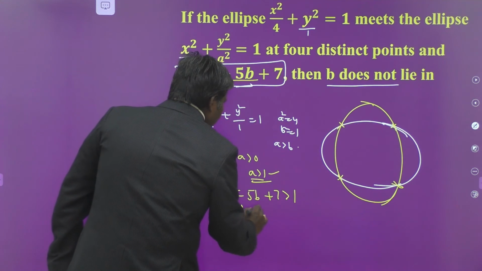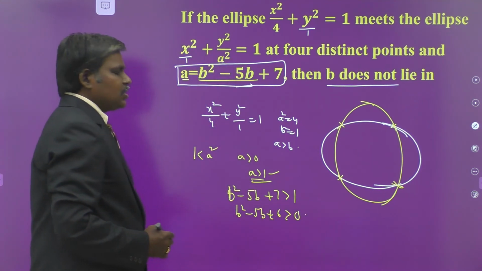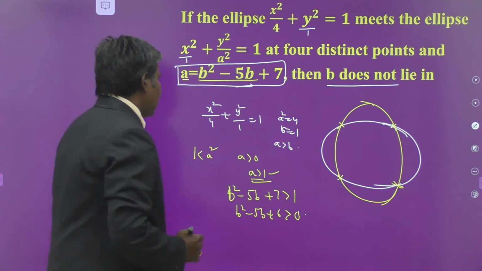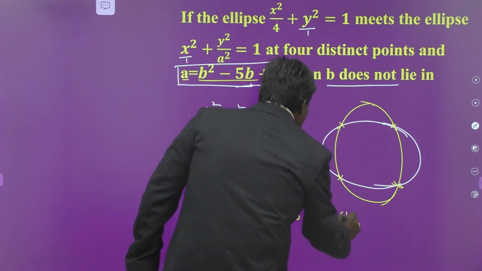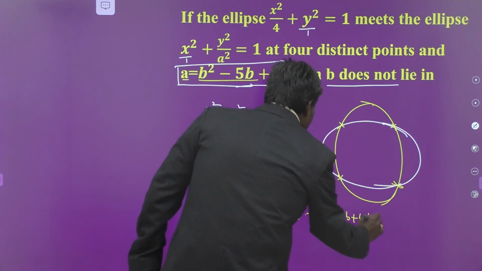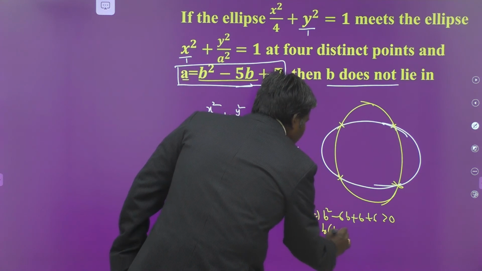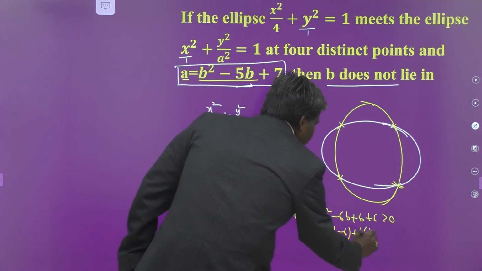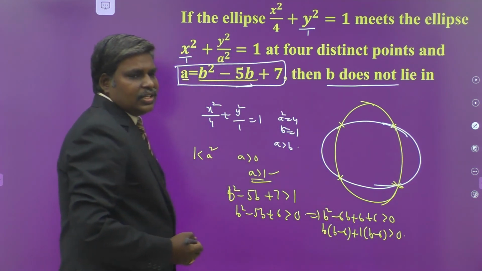So b square minus 5b plus 6 is greater than 0. That means b square minus 6b plus b plus 6 is greater than 0. b into b minus 6 plus 1 into b minus 6 should be greater than 0.